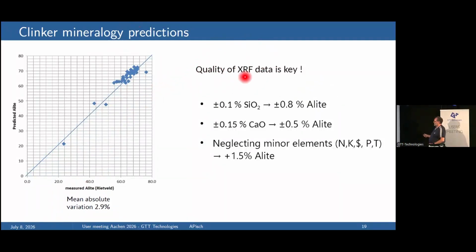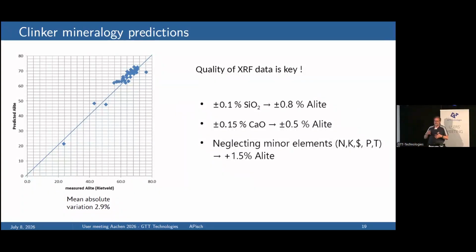We use XRF data as an input, and you see 0.1%, so 1,000 ppm uncertainty on silica gives you already almost 1% in the alite prediction. So part of this difference here may not lie in the model, but may lie just in the underlying chemical composition data. And you should always keep that in mind if you use these kind of data.